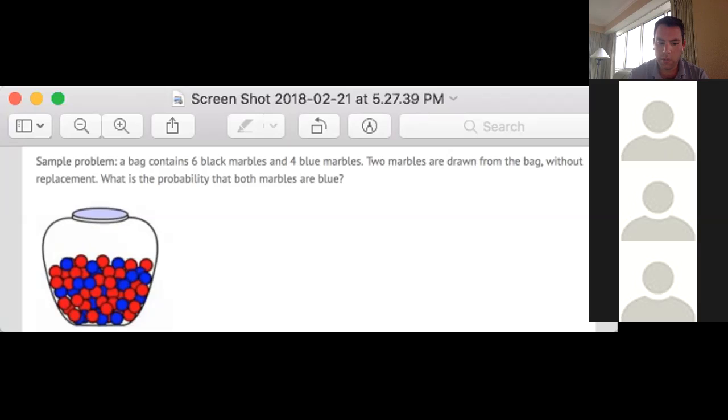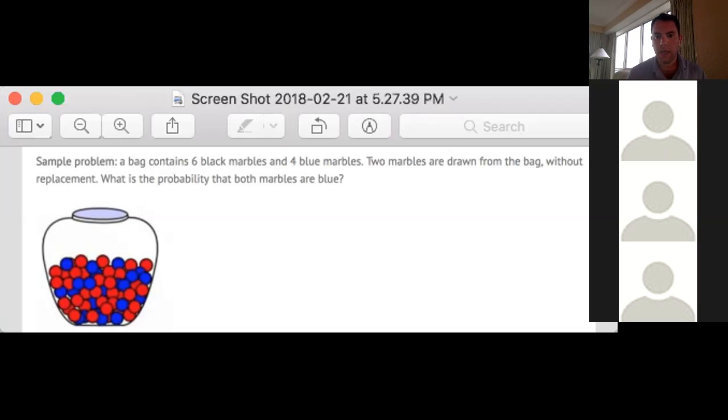So let me ask you a question. If we look at these 2 events, we're putting our hand into the bag and picking out a marble. That's one event, right? And then we're putting our hand back in that bag and picking out another marble. So we can look at those as two different events. Now, are those events dependent or independent on the probability that they both are blue?